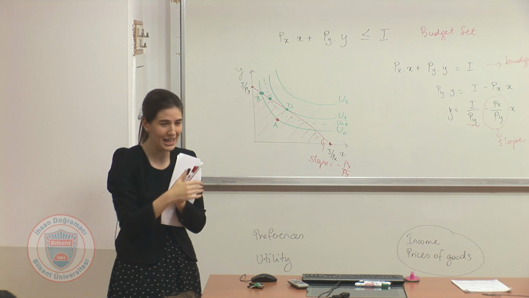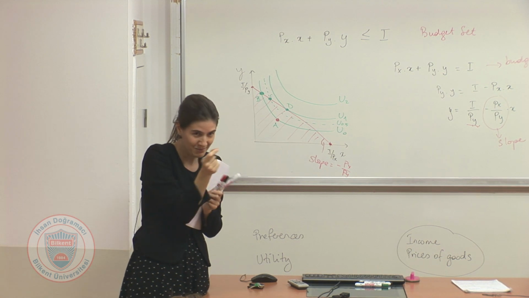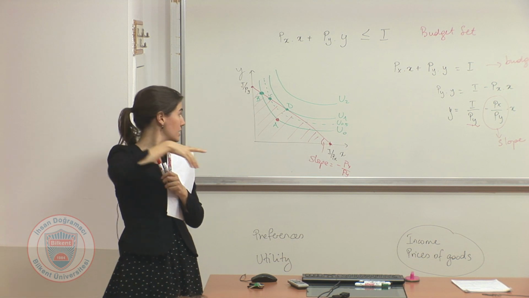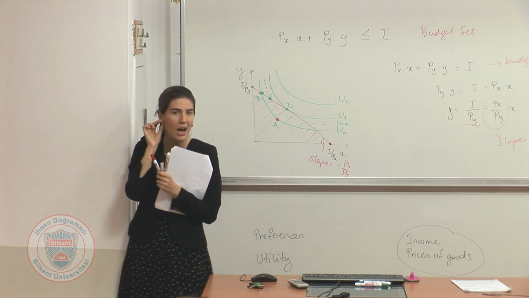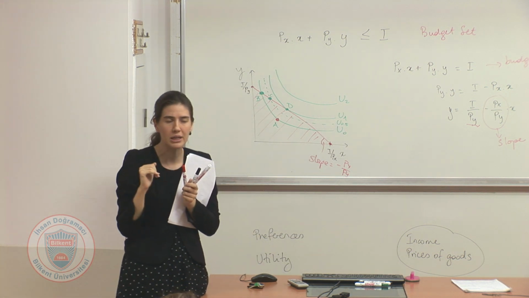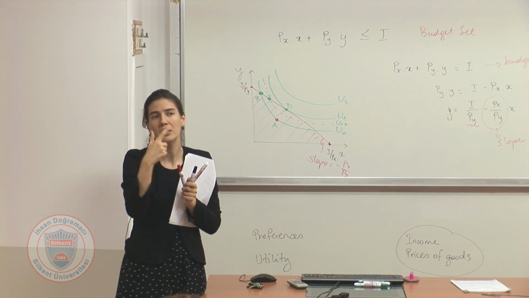That's what we say. So what is it about tangency? It should touch, and at that point the slope of the indifference curve and the slope of the budget line are the same. So at the tangency point, slopes are equal, okay? The slopes should be equal, and it should touch.